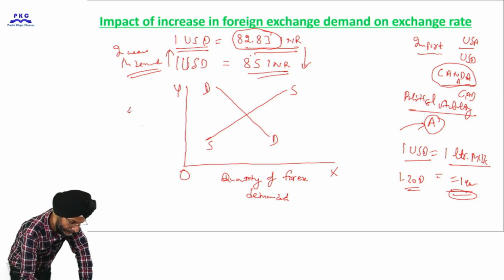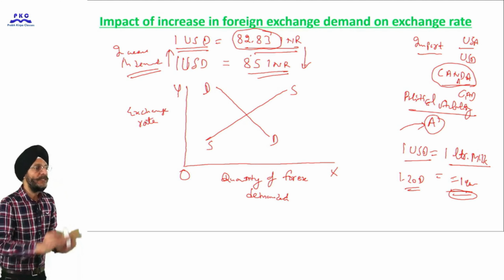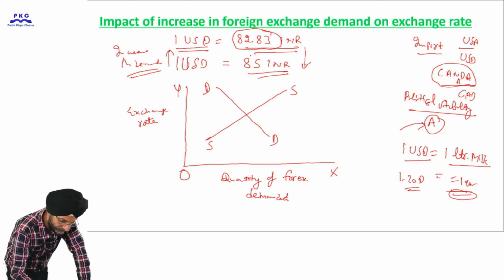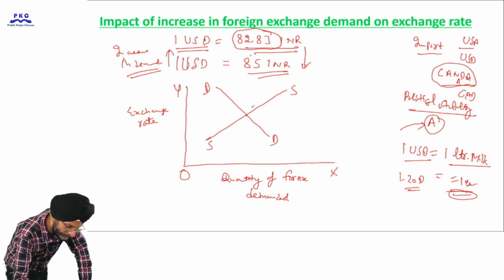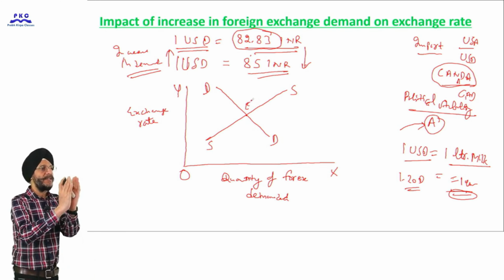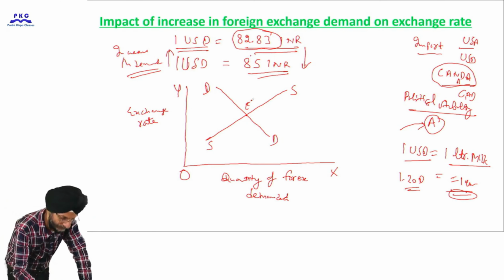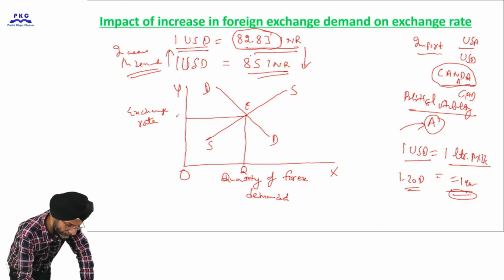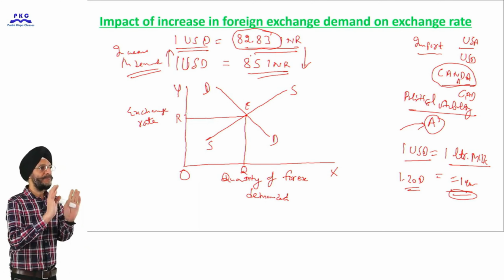Here on the y-axis, it is the exchange rate, or the price of foreign currency in relation to domestic currency. So here is the point E, the equilibrium point, where demand and supply curves cut each other. So this is the quantity demanded Q when the exchange rate is R.